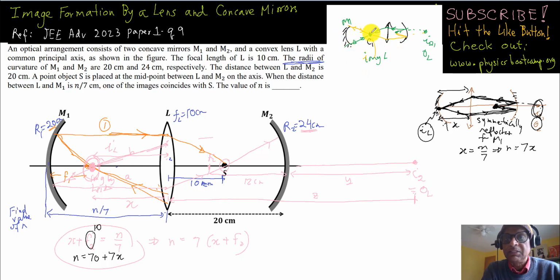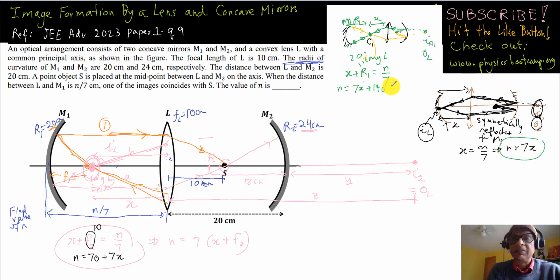So here, this is still going to be X, this still X. So X plus the radius of R1, X plus R1, which is 20 centimeters, is equal to N over 7. And so this is 20. So N will be 7X plus 140. So this is one answer, and this is another answer I can get.